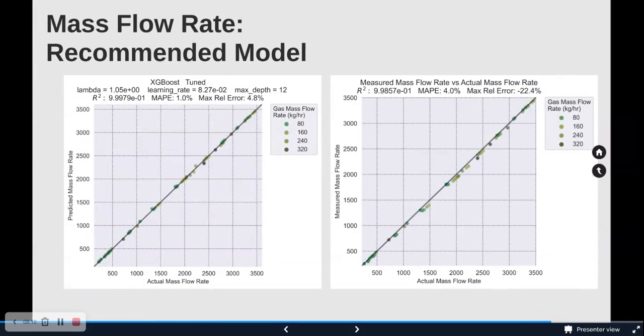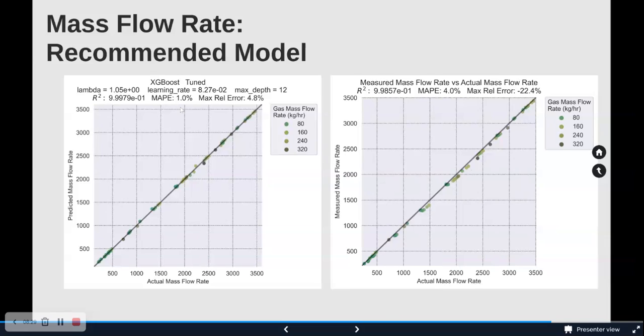For the mass flow rate, the tuned XGBoost model did really, really well compared to the mass flow rates measured by the Coriolis meter. The mean absolute percent error was 4%.